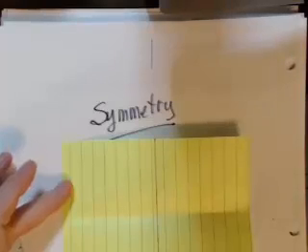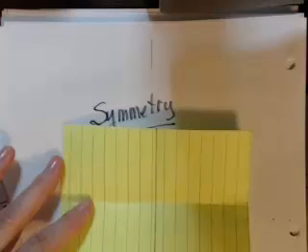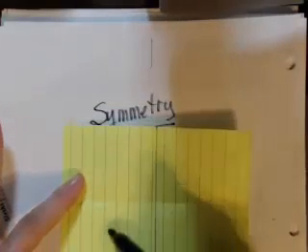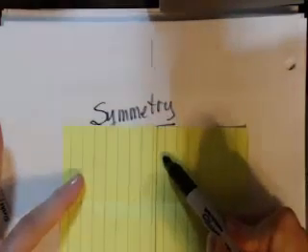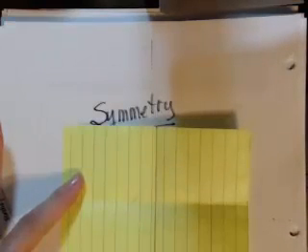But now there are other lines of symmetry that we have to consider other than just horizontal or vertical, because we saw when we were working with our reflection that we could reflect across the line y equals x or along the line y equals 2.